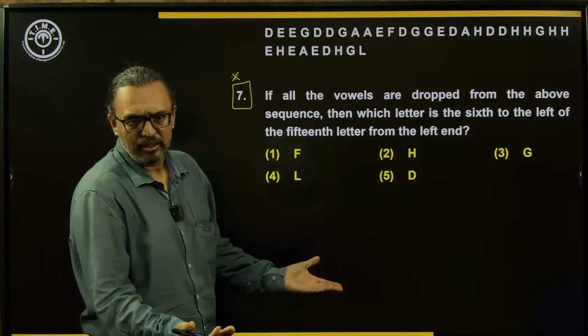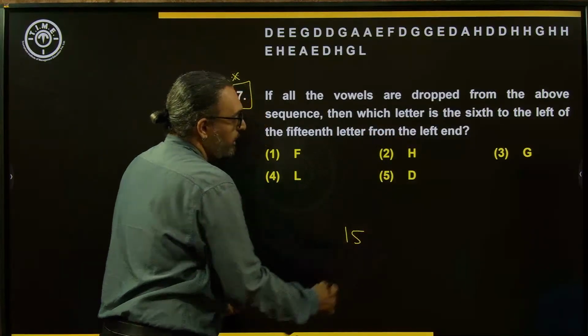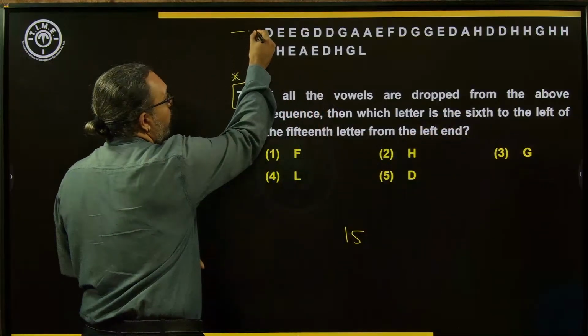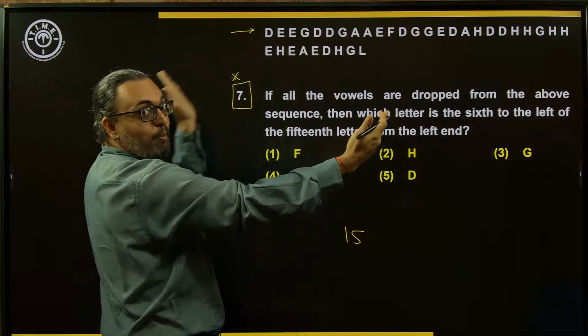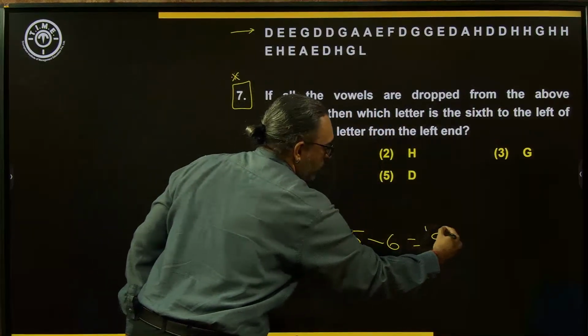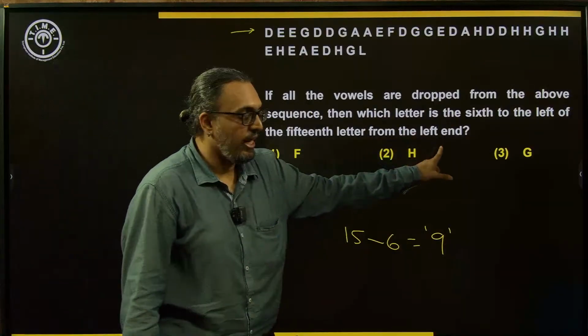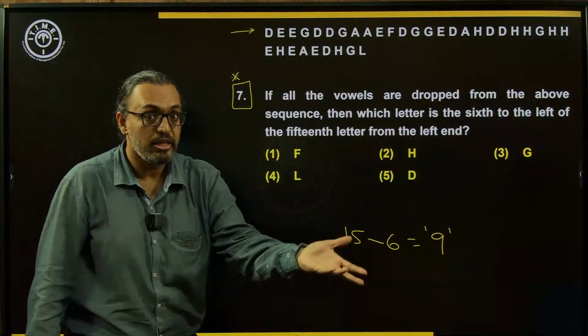So again the same thing, whichever end. He says 15th letter from the left end. To that I have to move to the left side. So from the left end you are counting 15, but then you have to move to the left side, means you are going back. That is why it is minus 6. Means totally I need to count the 9th element from the left end. Whichever end, if you are getting the same direction, you subtract. If you are getting the opposite direction, you add.